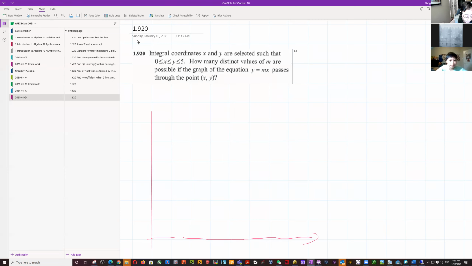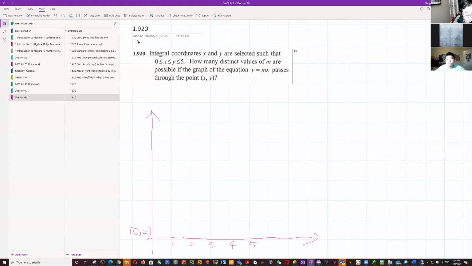So here is the coordinate system, and this is the origin, 0 and 0. So x and y need to be at most 5. So this is 1, 2, 3, 4, and 5. And x needs to be less than or equal to y.